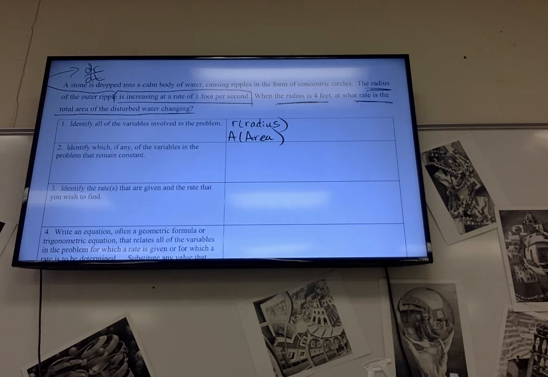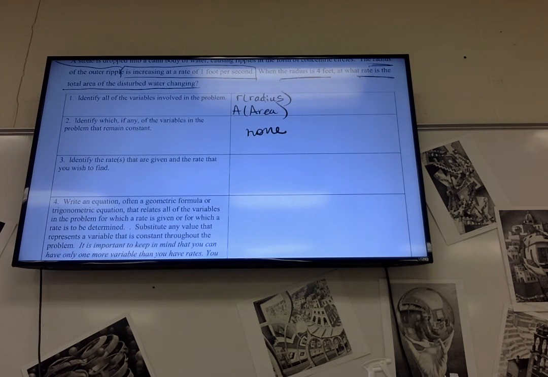Identify which, if any, of the variables in the problem are constant. Is area constant? No, because it's getting bigger. What about the radius? No, it's increasing. So none. Okay, let's talk about the rates. dr/dt is equal to 1 foot per second.